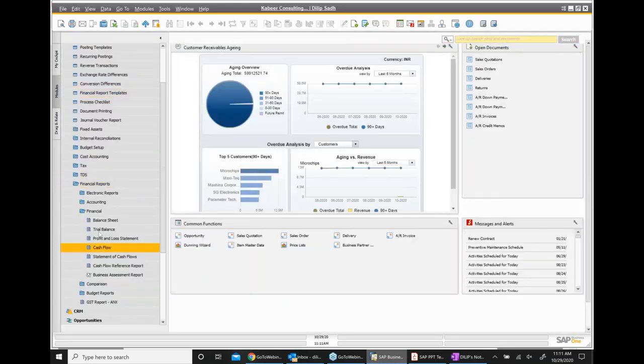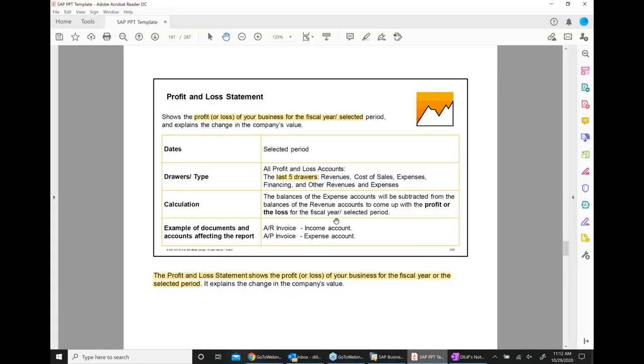You can run your trial balance. So that basically means based upon your selection criteria, you can enter the data. That is what we see here.